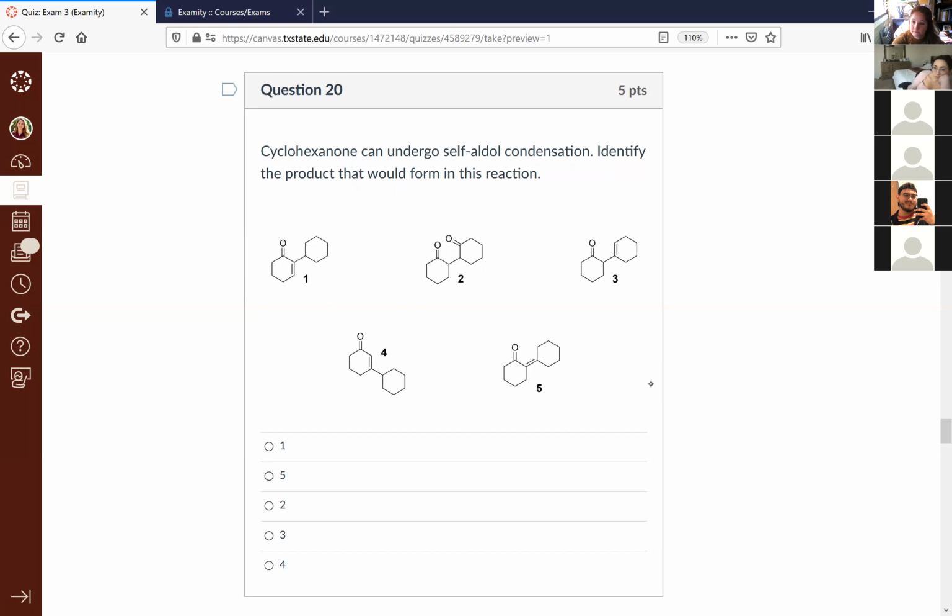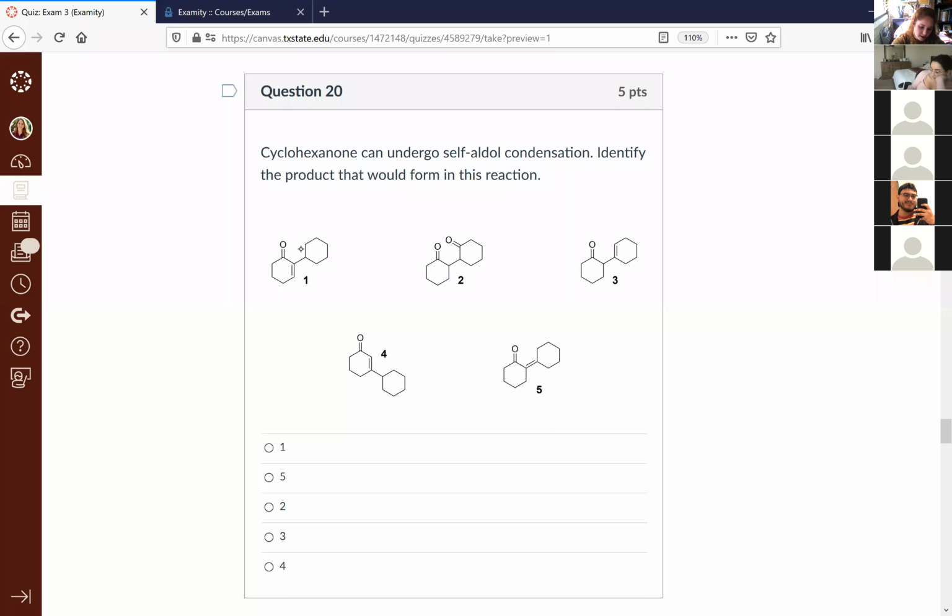Alpha, beta unsaturated. Right, an alpha beta unsaturated carbonyl. So number one is an alpha beta unsaturated carbonyl, so we can leave that as an option. Number two is not. Number three is a beta gamma unsaturated, so that won't count. Number four is also alpha beta, and number five is alpha beta.